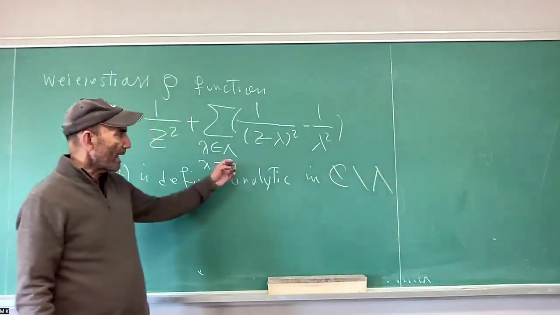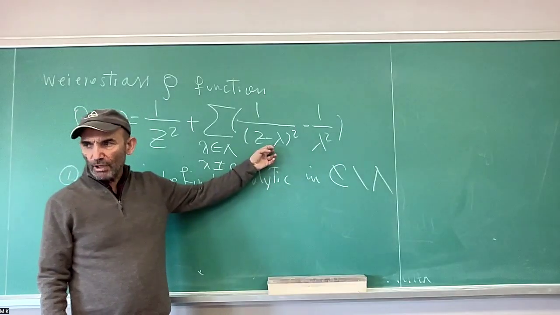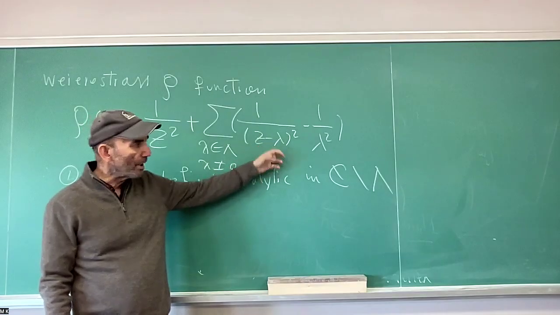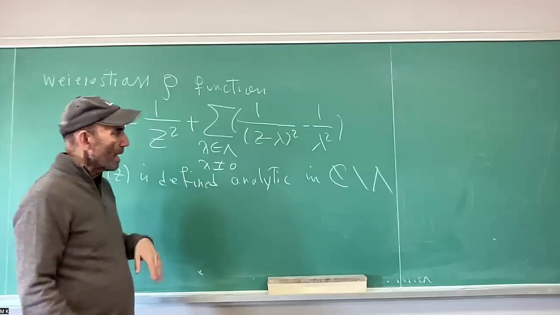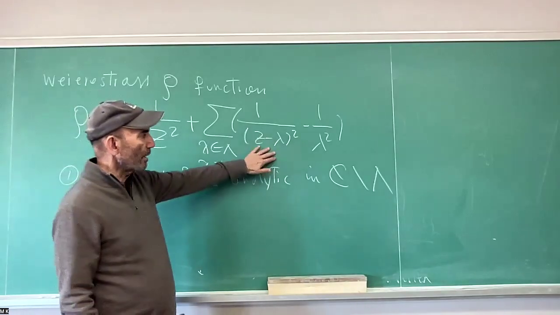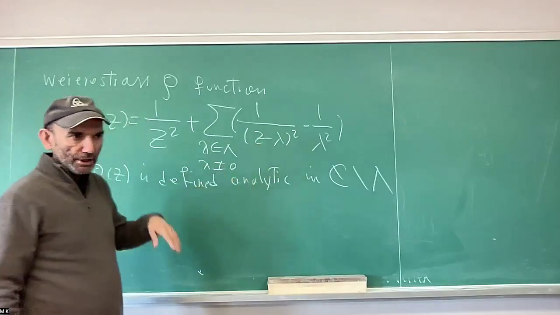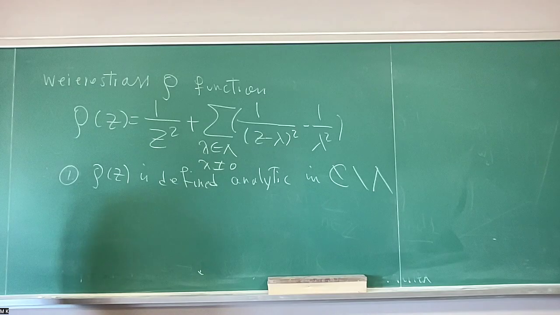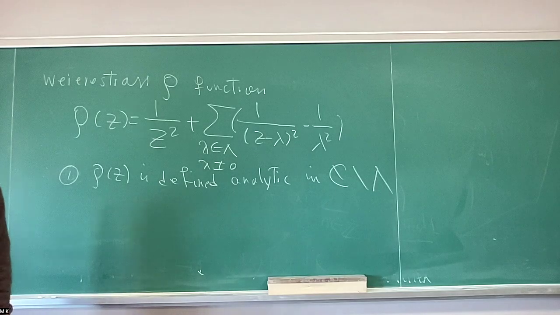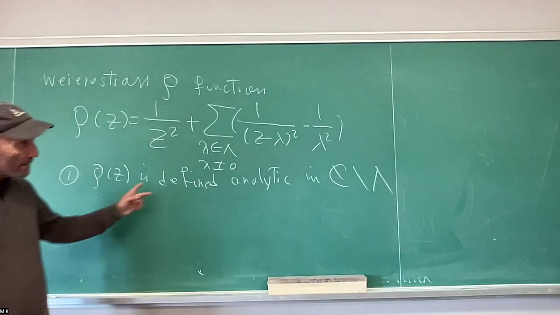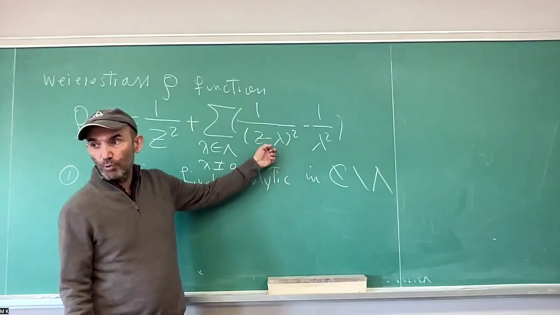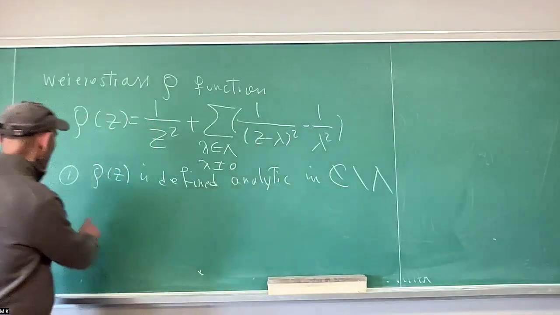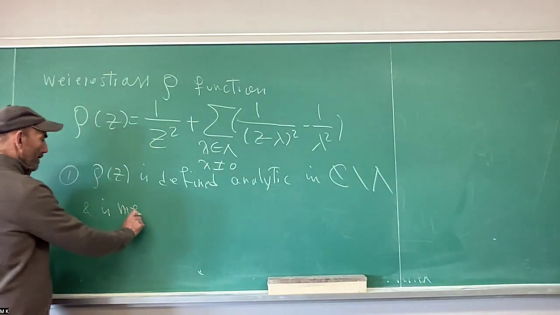You see, if z is a point on the lattice, obviously you don't have a chance to define it because it's 0 here, right? So you cannot define this over the point. So you delete the lattice points, but away from those lattice points, this infinite sum is convergent and actually uniformly convergent on compact subsets, and it's nice. It's a meromorphic function. It is meromorphic exactly because around those lattice points, it has just poles of order 2. And there are countably many of them. There are countably many, exactly. And it is meromorphic, in fact.